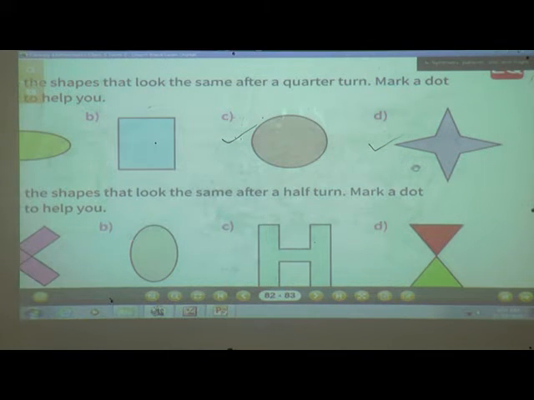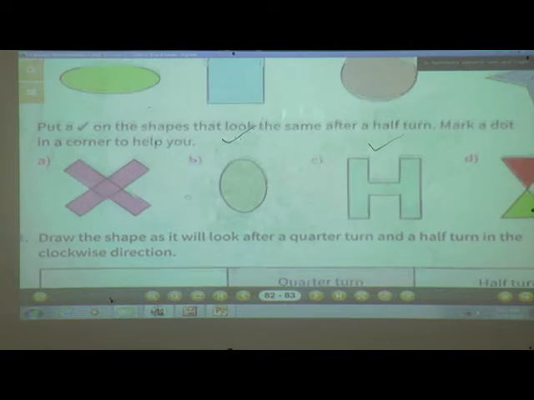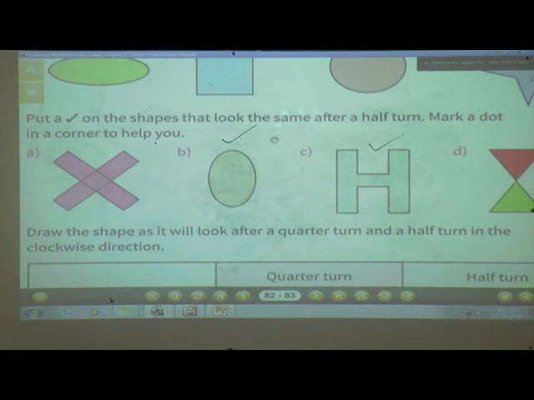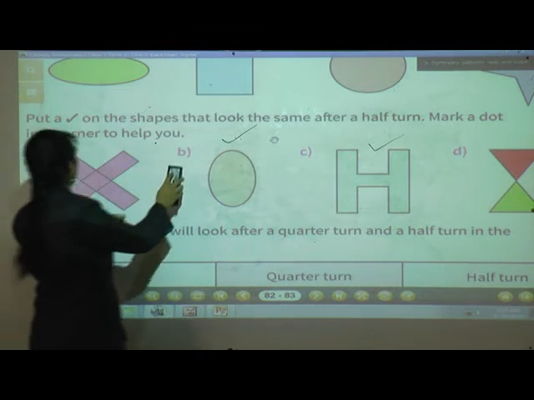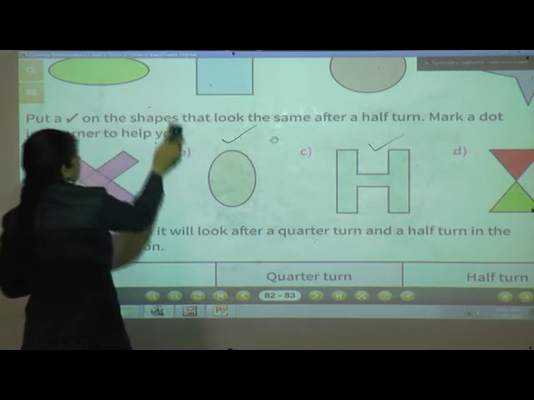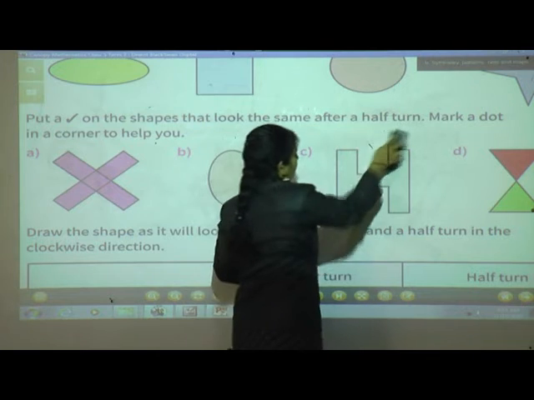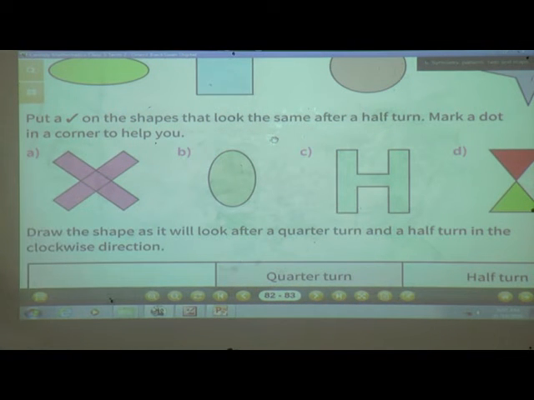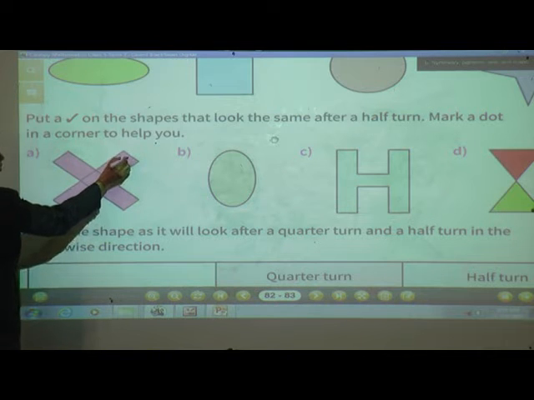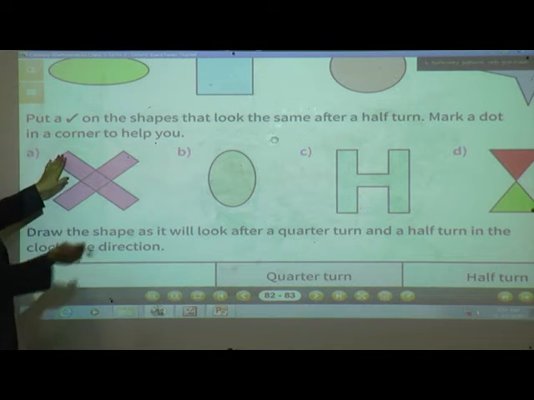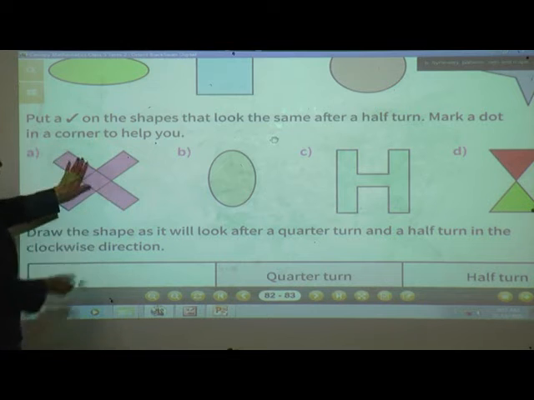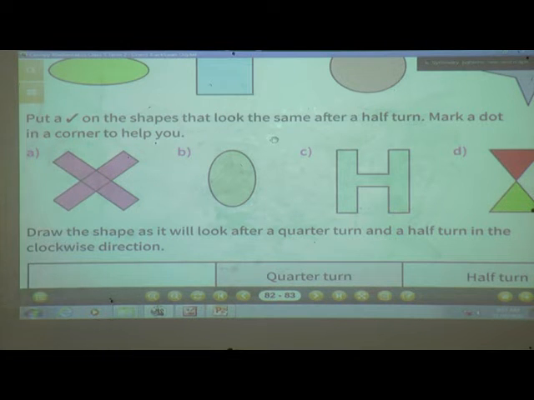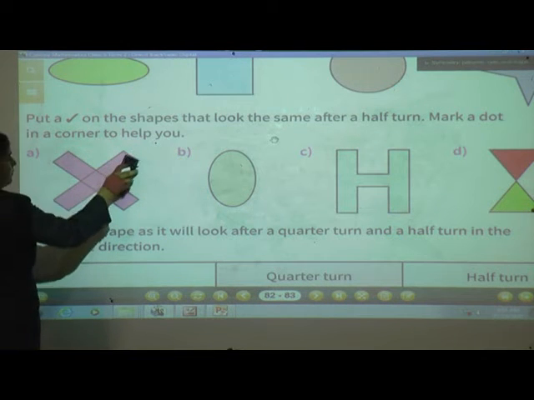Now second one: put a tick on the shapes that look the same after a half turn and mark a dot in a corner to help you. See students, here if I put a dot here, when we turn this figure a half turn, it will look the same.